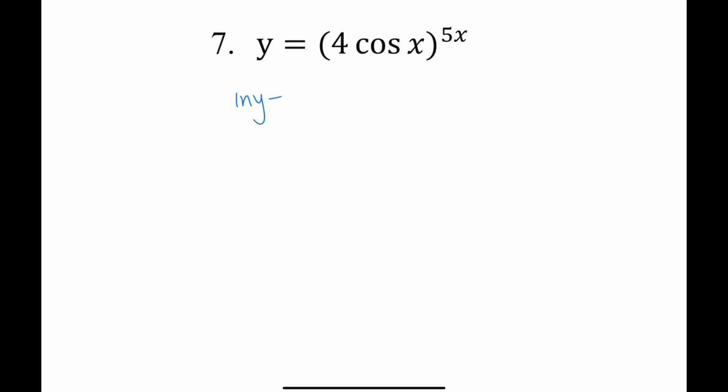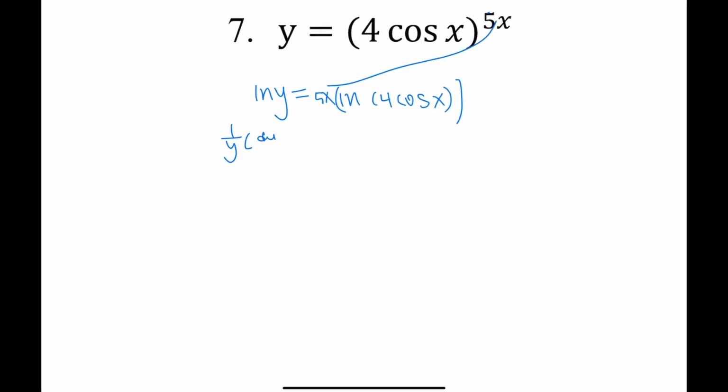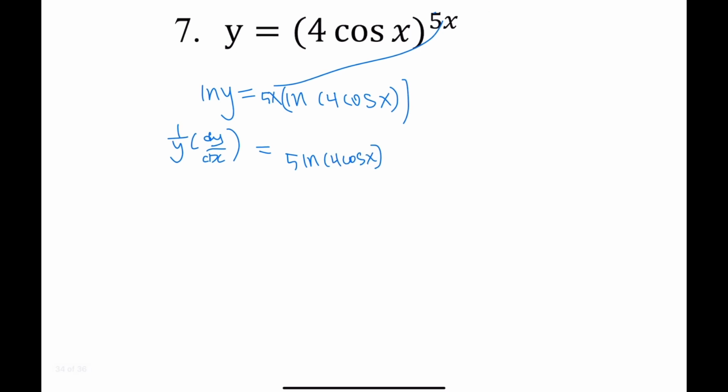Okay, and then number 7, y equals 4 cosine x to the power of 5x. So ln y equals ln 4 cosine x to the 5x, and then the exponent comes out, so it's going to be 5x times ln 4 cosine x, and then 1 over y times dy over dx equals 5 ln 4 cosine x plus 4 cosine x all over 4 negative sine x, times 5x.